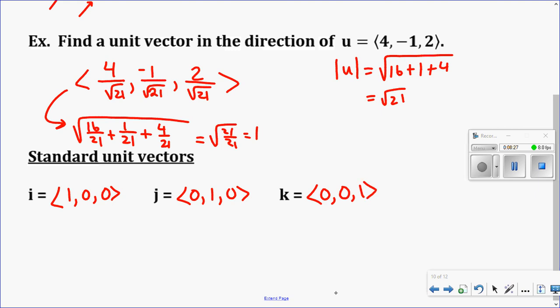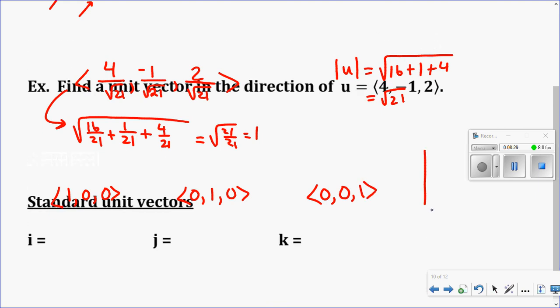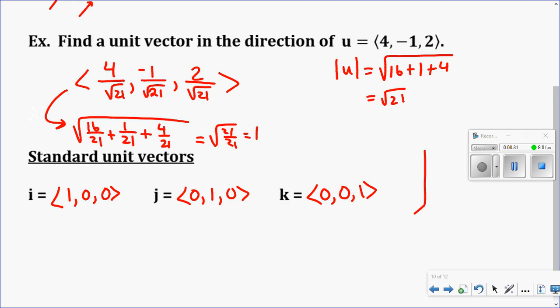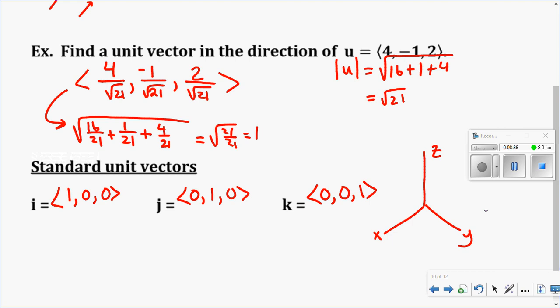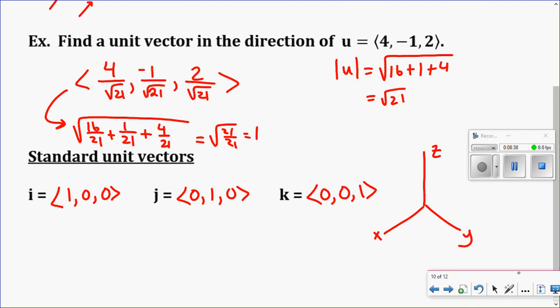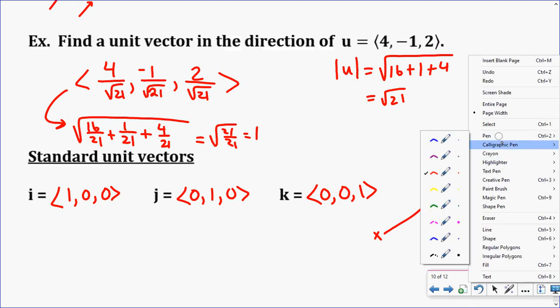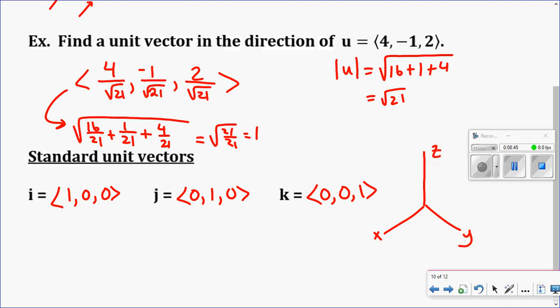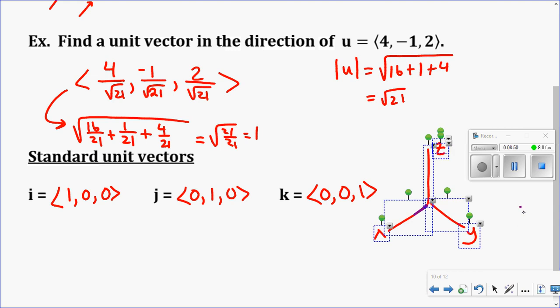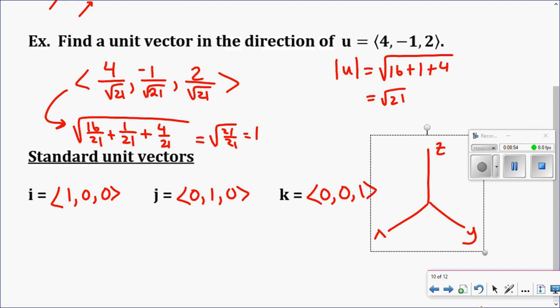And so what those are, if you have a little 3D graph, x, y, and z. The vector I is going 1 unit in the x direction.